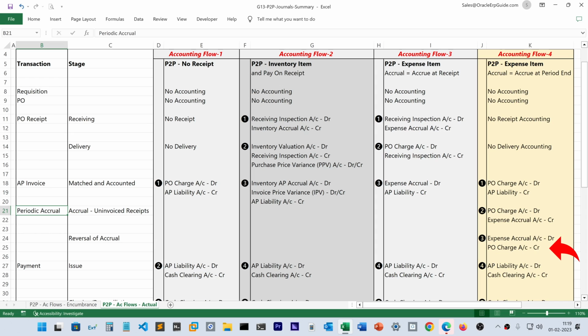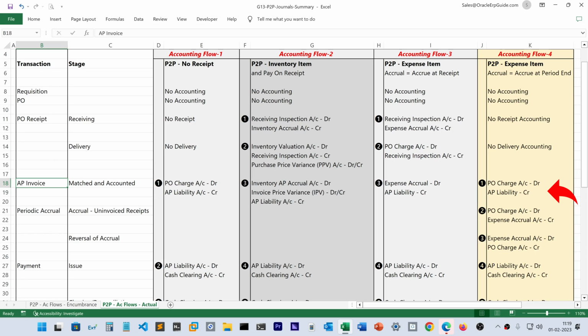And in the beginning of February, that will get reversed. Expense accrual account debit, the reversal of this 2 number, and PO charge is credited. When in February the AP invoice is accounted and matched, the PO charge account will be debited and AP liability account will be credited.